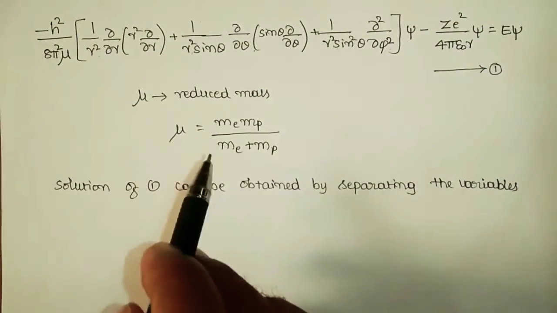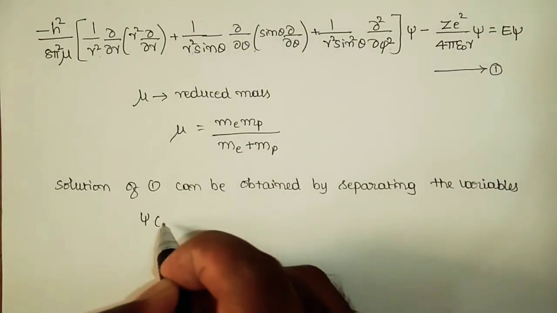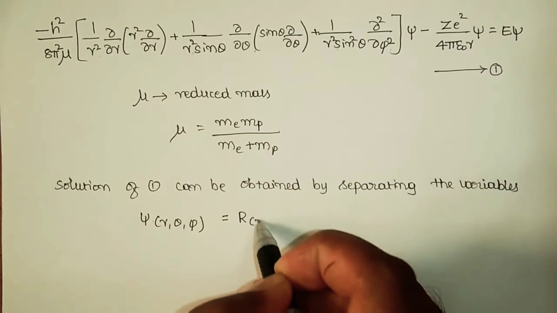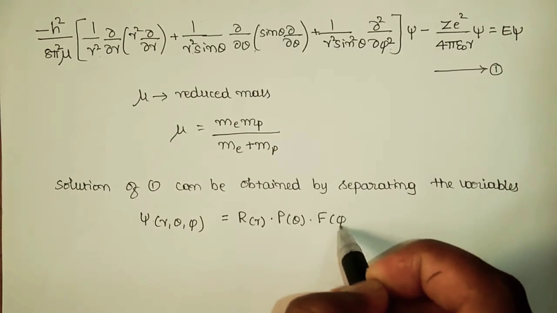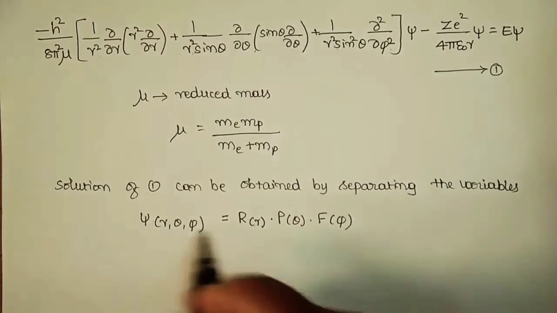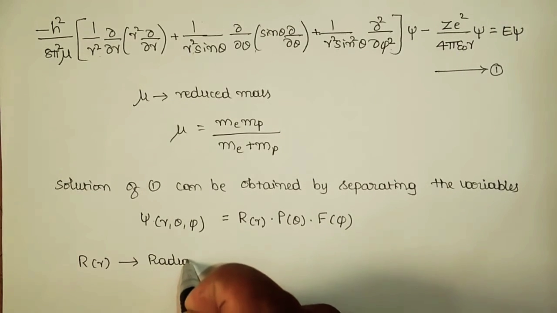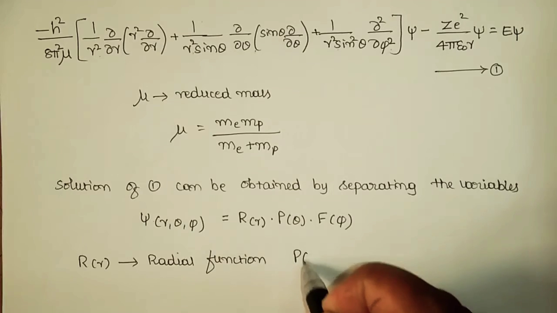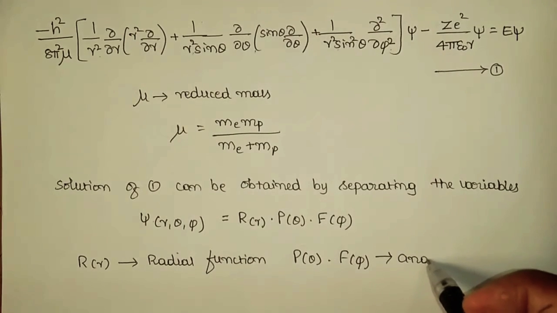In order to separate the variables, we are supposed to introduce one small condition, that is xi in terms of polar coordinates r, theta, phi should be taken as R of r, which is called the radial function, times P of theta and F of phi, where R of r is the radial function, and P of theta and F of phi are the angular functions.